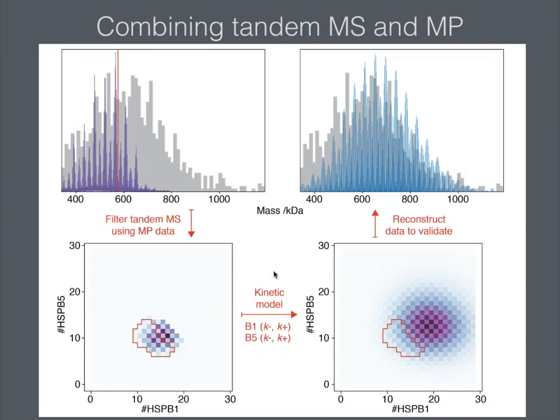Now, what I will mention at this stage is that, interestingly, we found that the on and off rates for these two proteins did not need to be any different from each other. In other words, one set of on and off rates was completely sufficient to reconstruct the oligomeric distribution. So these are two different proteins, and yet they behave as though they are the same in this type of analysis.